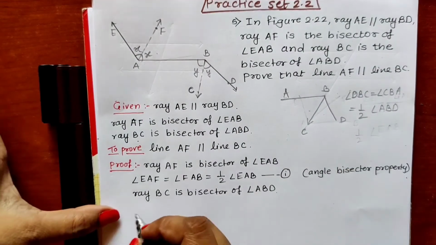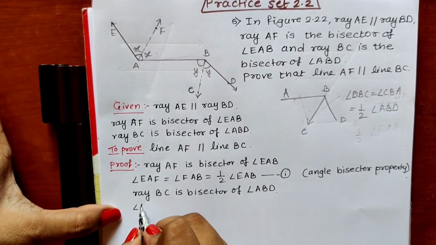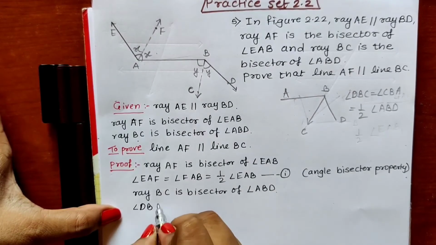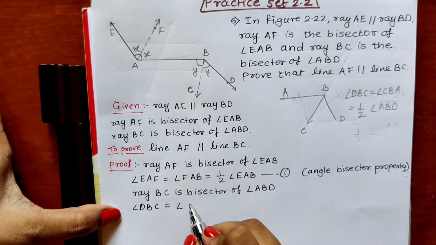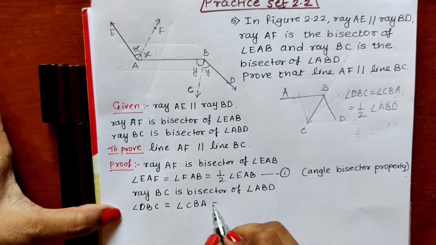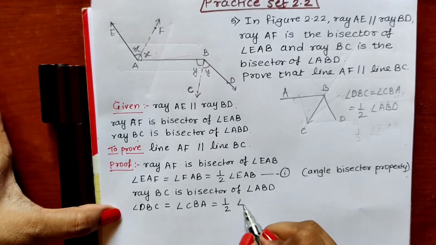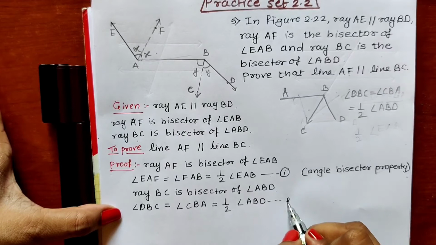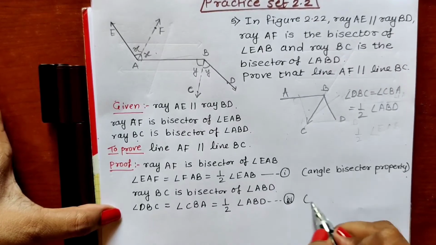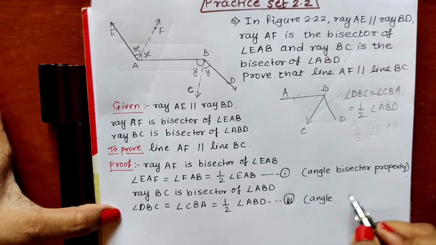Angle DBC is equal to angle CBA, and both these angles will be half of angle ABD. This will be our second statement. Again the reason is same, angle bisector property.